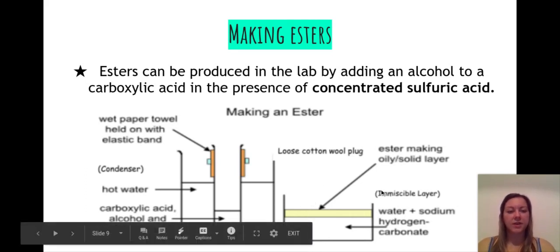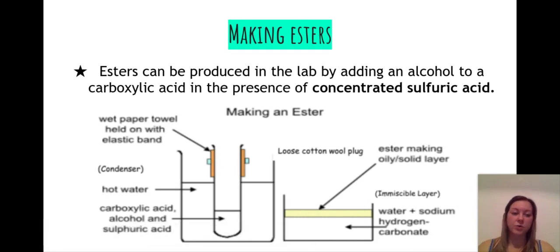You end up with the ester, which looks very oily, and it floats on top of the water. So this tells us that esters are not soluble in water, and they are also less dense than water because they float on the top and don't mix with the water.